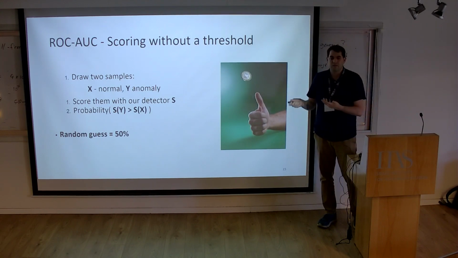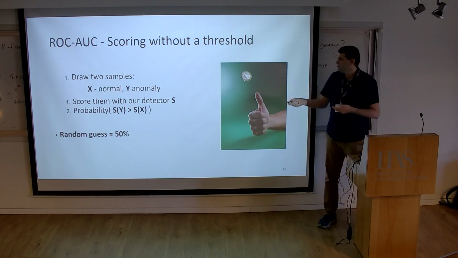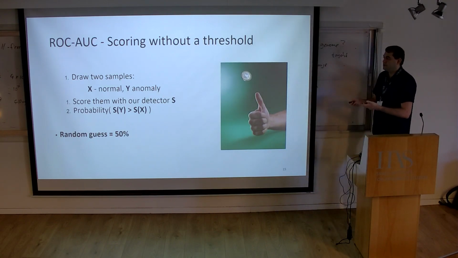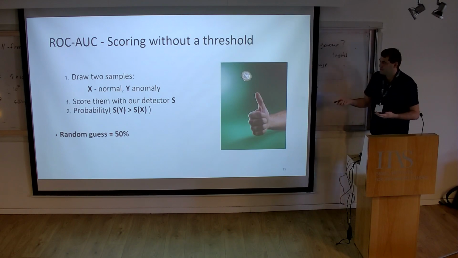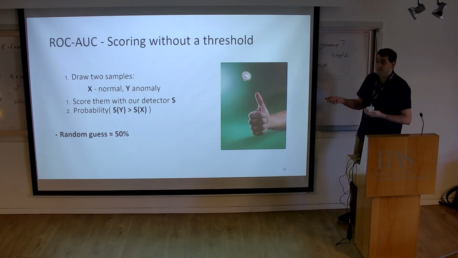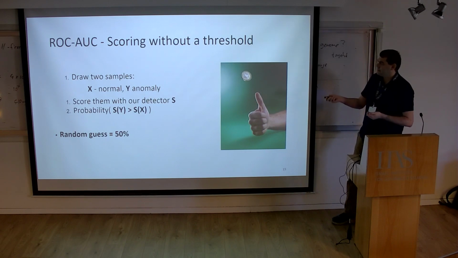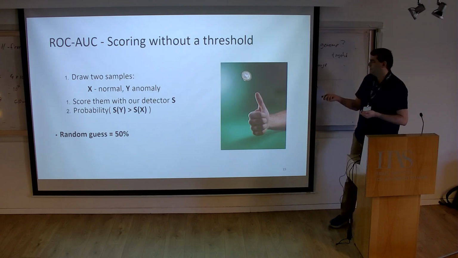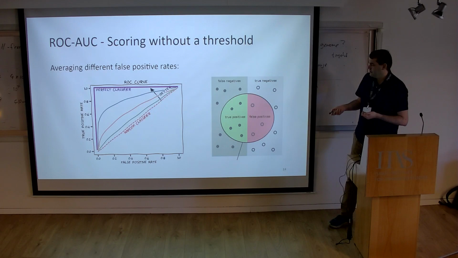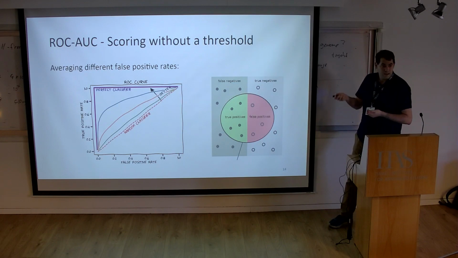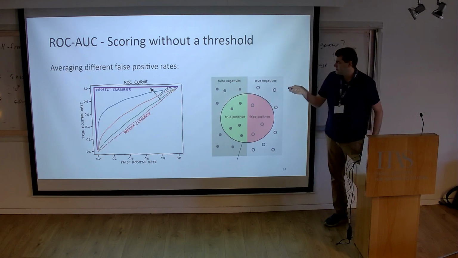First, it's really easy to see why 50% is the baseline, because this is the probability with random scores. Also, it's easy to see why we don't care about the size of each class, because we just take a random sample from each. The way that we can understand this equivalence is that taking a random normal sample is being on a random place on this axis, and a random anomaly is being on a random place on this axis. And if you're interested in mathematical details, we can look at it later.